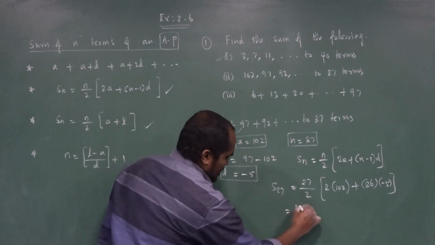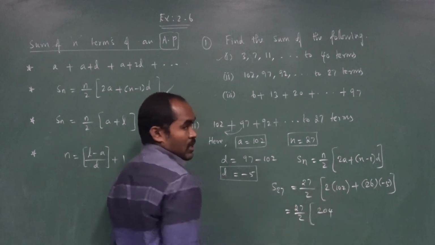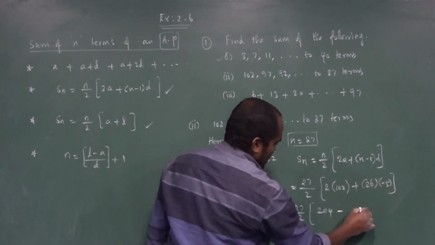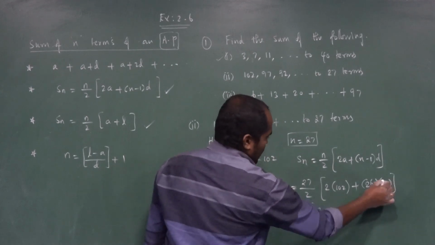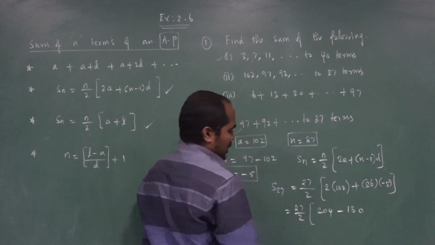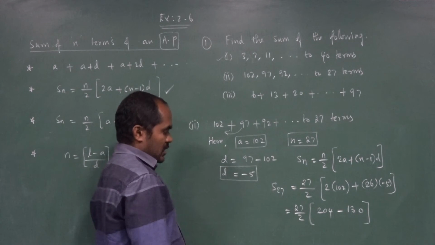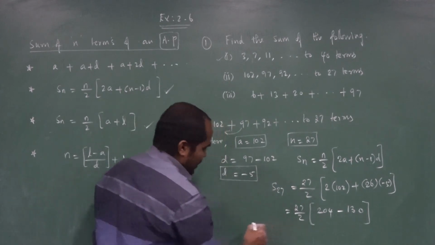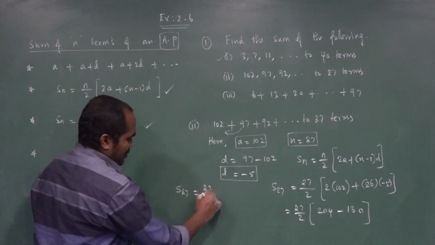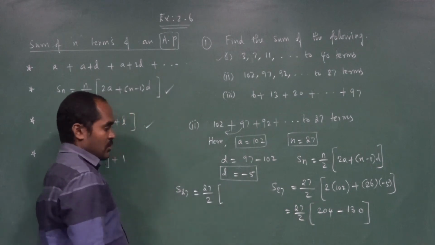That is 27 by 2 of 204, since 2 into 102 is 204, minus 130.